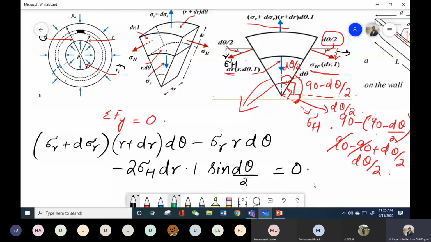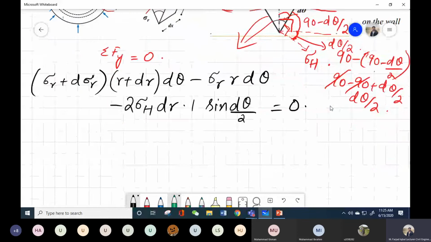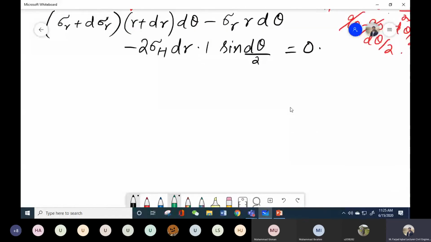Now, since this angle is very small, we will take one assumption over here, that sine d theta over 2 will be equal to d theta over 2. It doesn't make any difference. Also, another assumption that we use in such analytical derivation is that the derivative is a very small quantity, so the product of these derivatives will also be equal to 0.